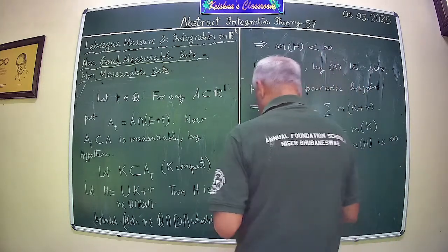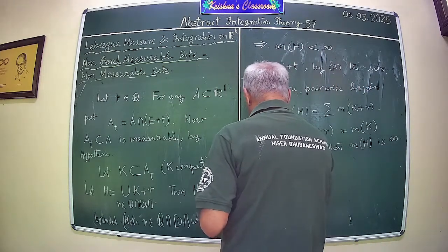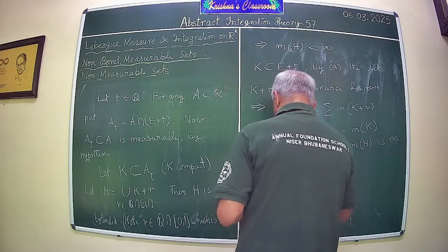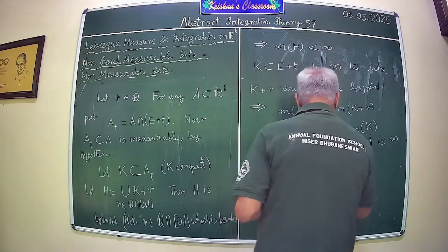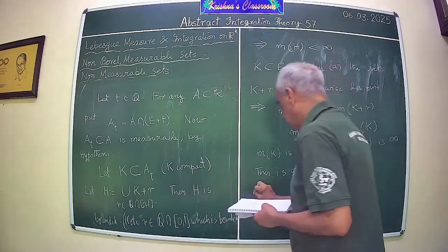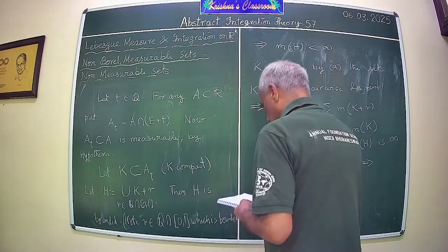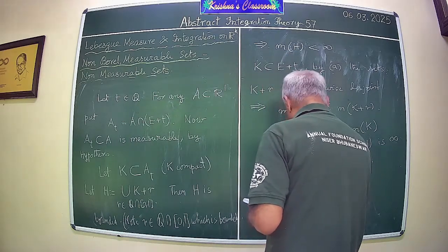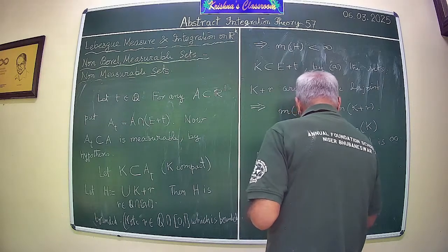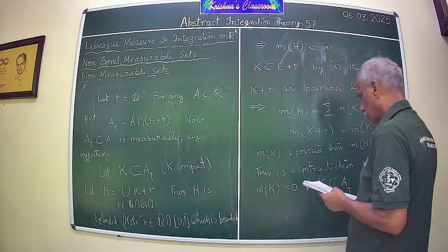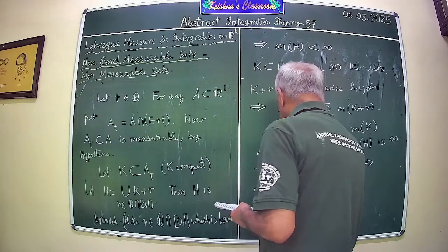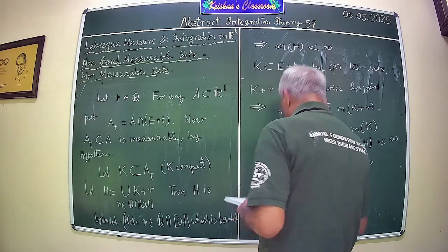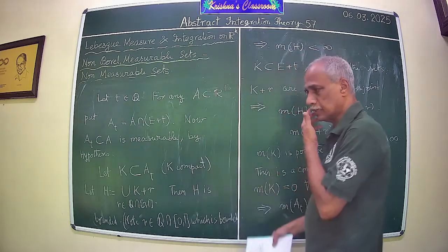Okay. So the measure of K is equal to 0 for every compact K contained in E, which implies in turn that the measure of E is equal to 0, because you see that it's a regular measure.